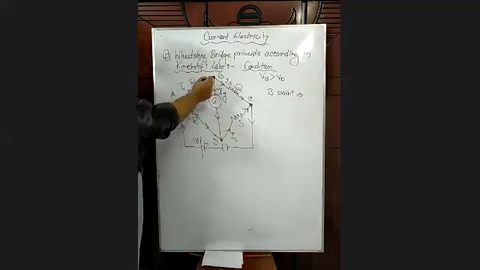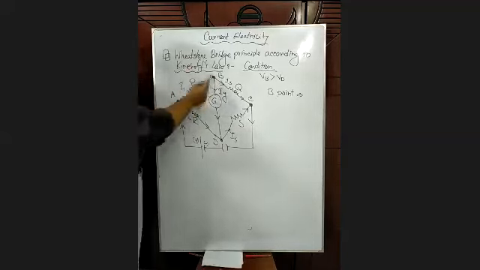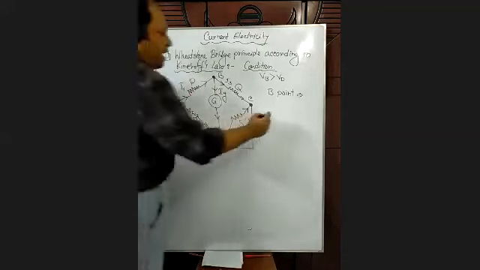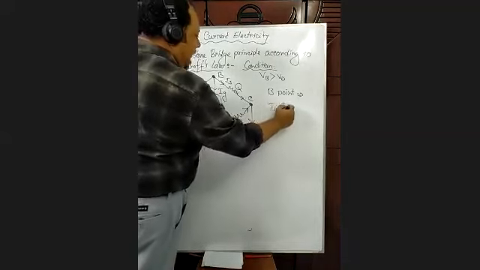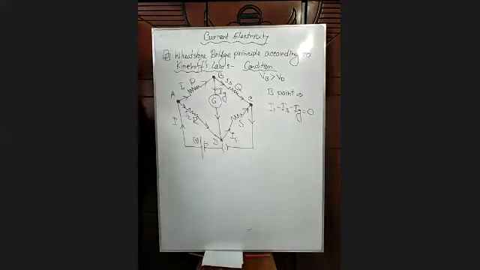At point B, I1 is the current going towards point B, and I3 and IG are the two currents which go away from point B. So I can say I1 is positive, I3 and IG are negative, and the summation of I is 0.